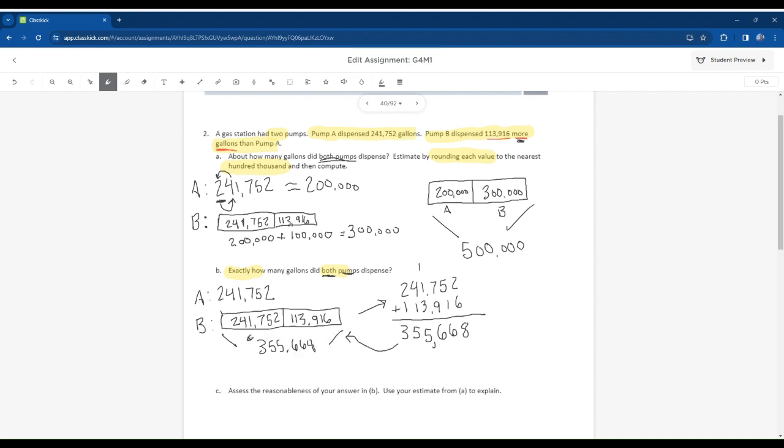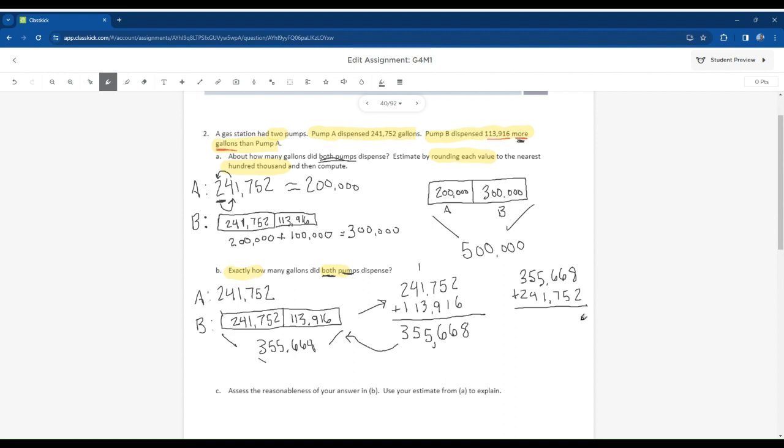Now we need to add pump B's amount, which is 355,668 plus A. So 355,668 plus 241,752. Now again, addition is commutative, so it really doesn't matter which number you want to have on top or on bottom. With addition, the order doesn't matter in which you add. So if you set up 241,752 on top and 355,668 on the bottom, you will get the same sum.